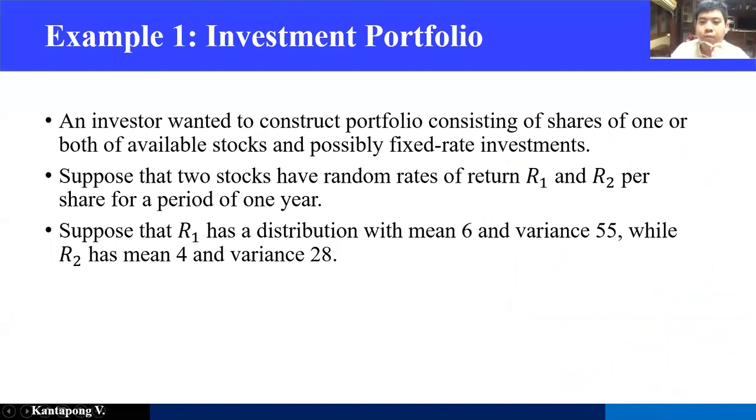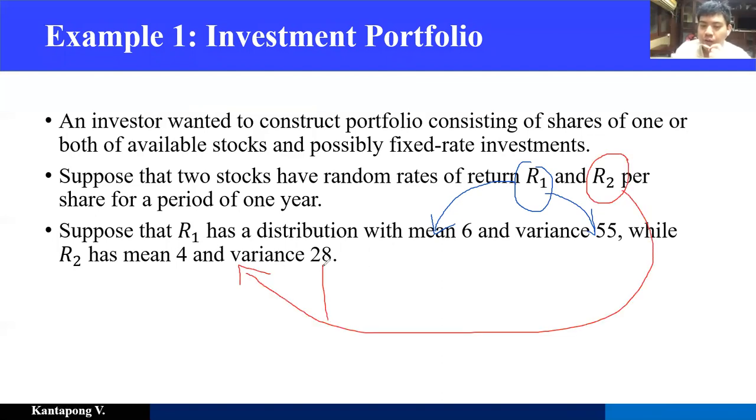If we are talking about stocks, no one knows exactly what the return will be. It is not a fixed income security. R1 has a distribution with mean 6 and variance 55, and R2 has a mean of 4 and variance of 28.